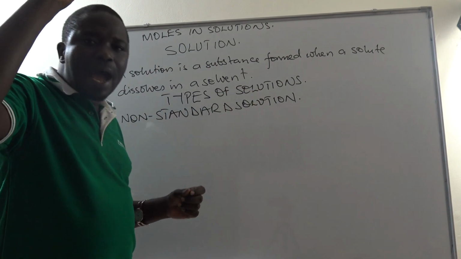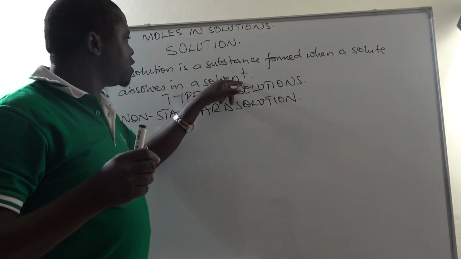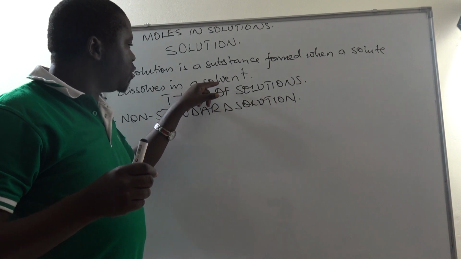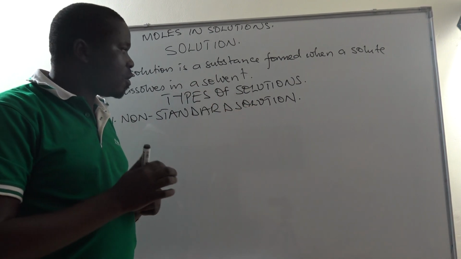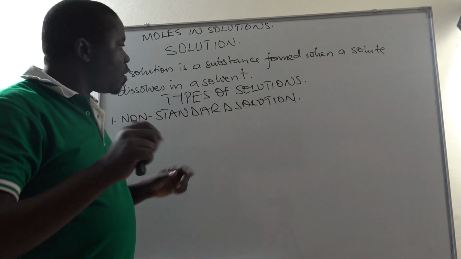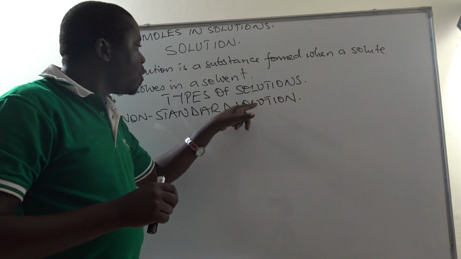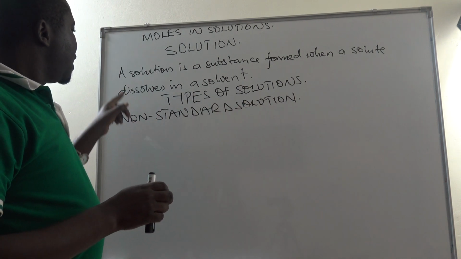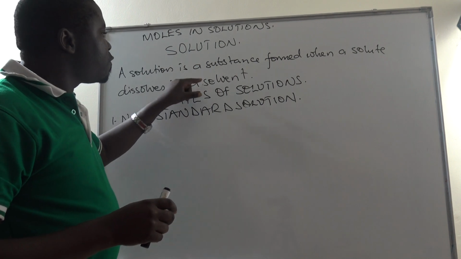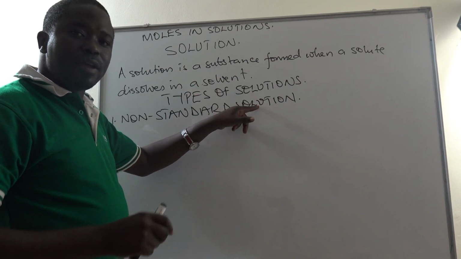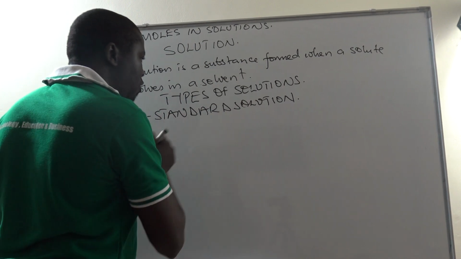Now, the amount of the solute which is added to a given volume of a solvent to produce a given volume of a solution gives us what we call the concentration of the solution. So in a solution where the amount of the solute dissolved in the solvent is not known, that's what we call a non-standard solution.